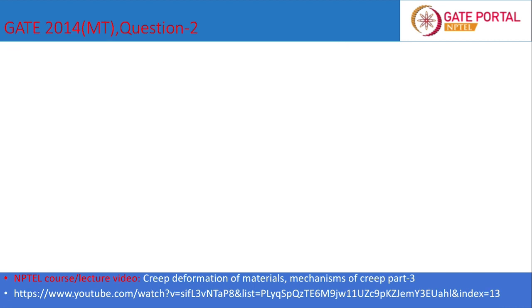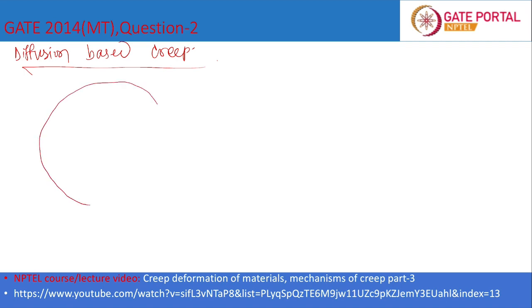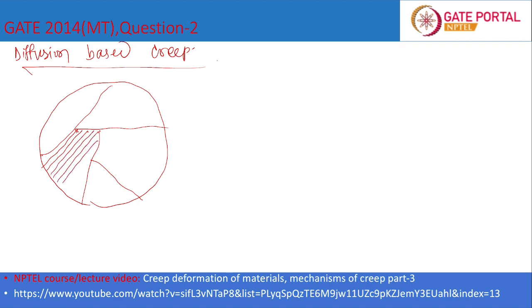So here what happens, I will write it here, diffusion based creep. As we know, suppose we have a grain something like this. Suppose in this grain the lattice is oriented in this particular direction, and in this grain this is oriented in this direction.